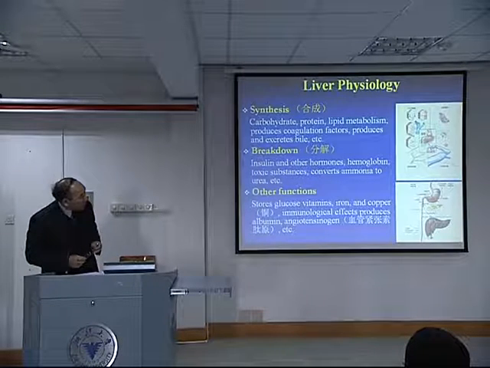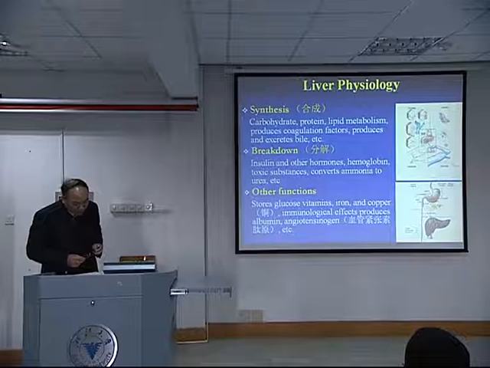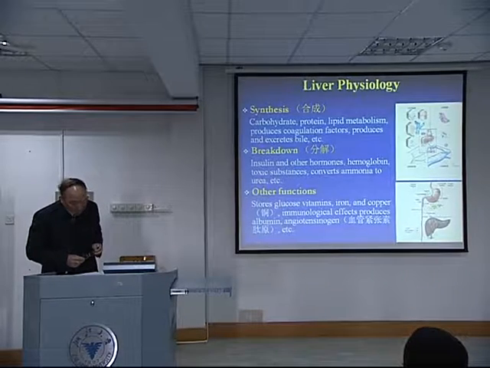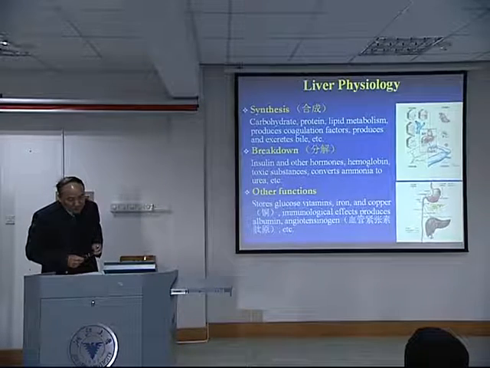So I think the liver is just like the chemical factory of the body. Very important.